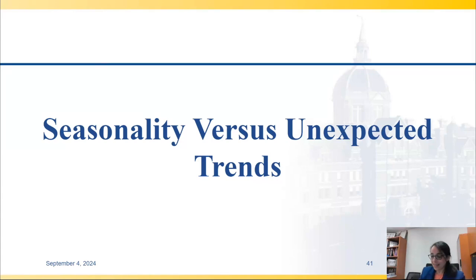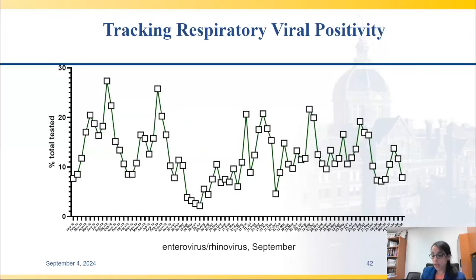But actually, testing with the extended panels plays a large role in a lot of those epidemiological data that we use for looking into viral circulation. However, I wanted also to highlight that unexpected trends can also be encountered, which can be challenging if you think about those targets and tiers.